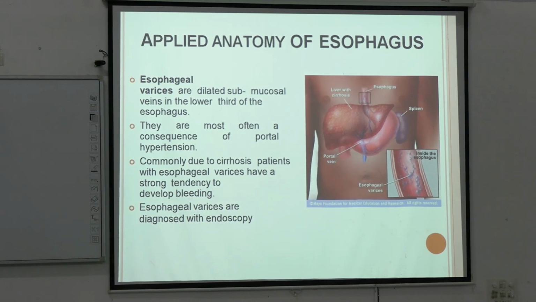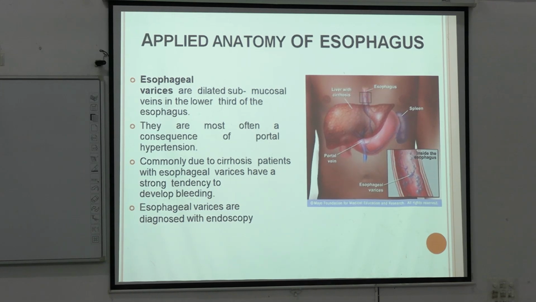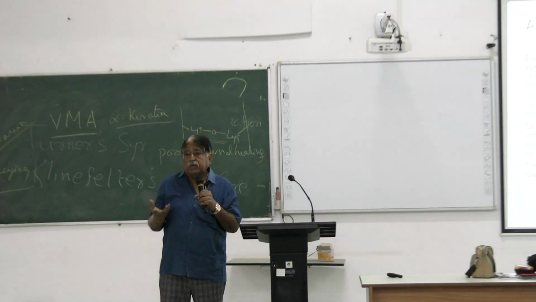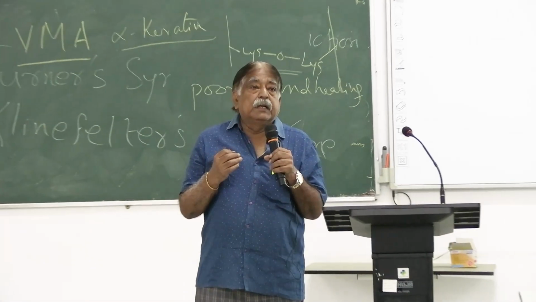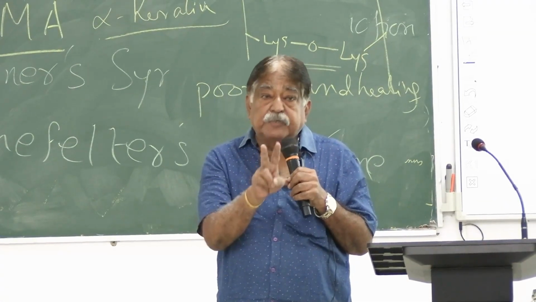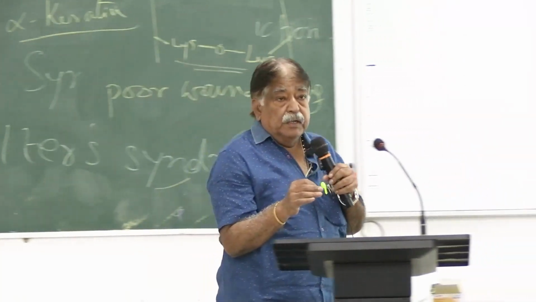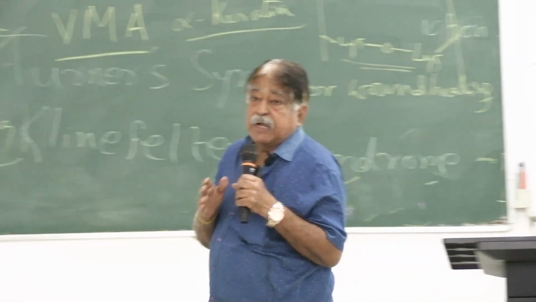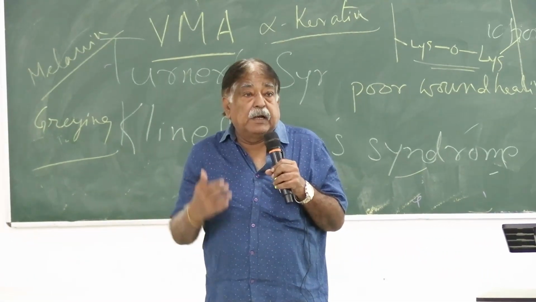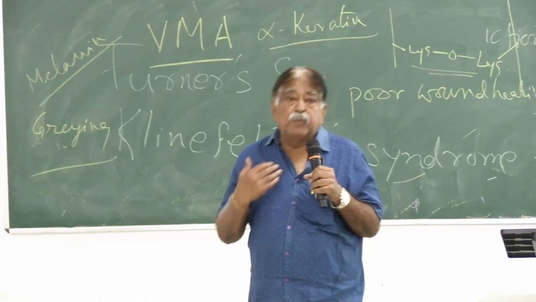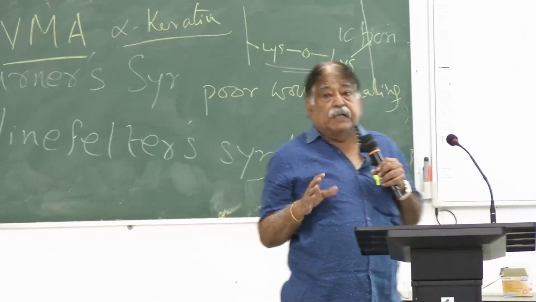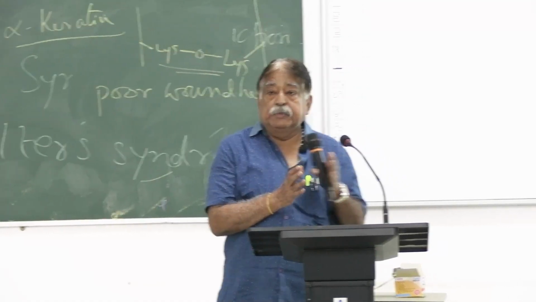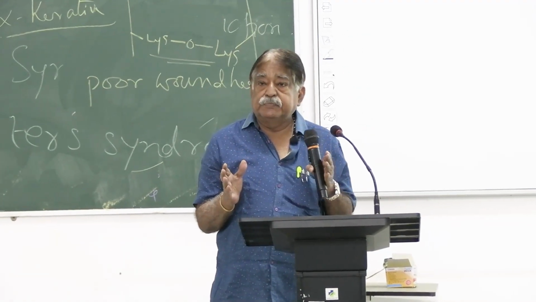But the difference between gastric hemorrhage and hemoptysis is that in gastric hemorrhage the chances of dying are more, but a patient with hemoptysis doesn't die as compared to gastric hemorrhages.